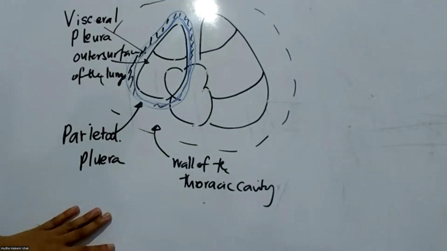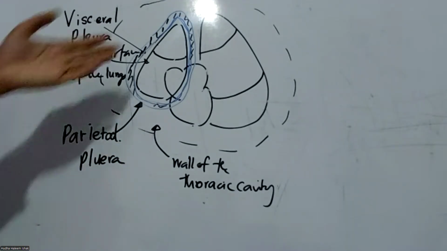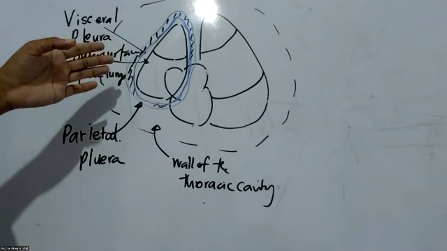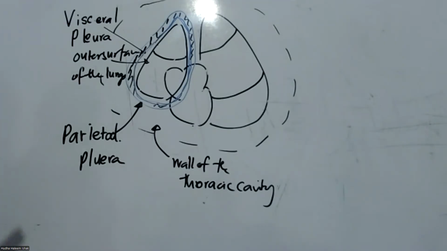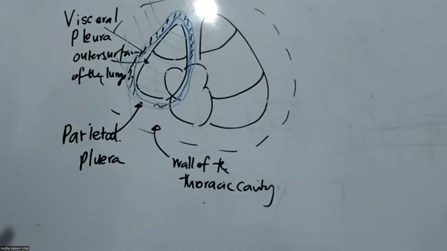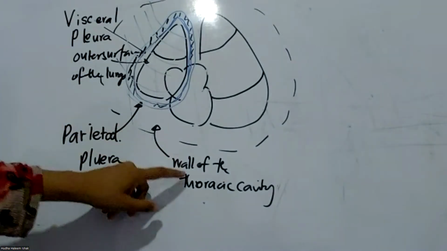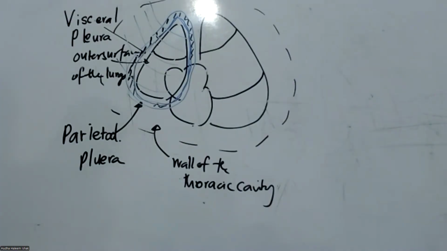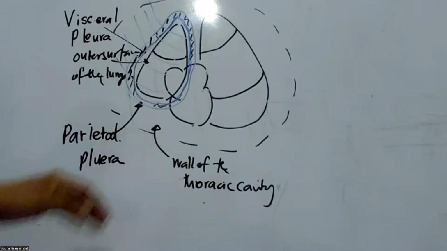Under that, we'll be learning about the thoracic cavity and its structures. So we have the ribs and the sternum, and these ribs would be present outside. So the parietal pleura is the one which is adhering to the wall of the thoracic cavity. The thoracic cavity wall is located somewhere outer to the parietal pleura.